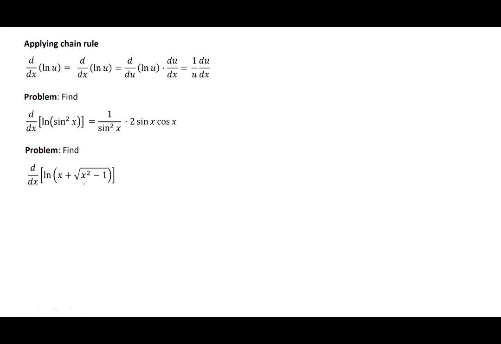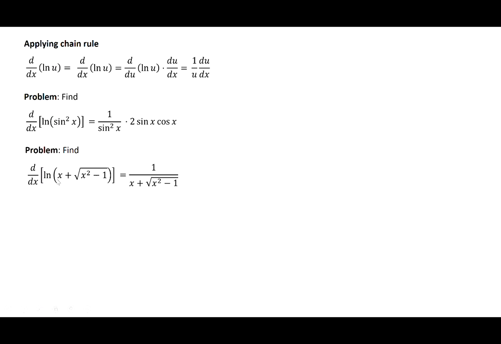Because this is not a simple x, it's a more complicated x plus square root. Think of it as u. So derivative of natural log of u, first step, 1 over u, 1 over x plus square root of x square minus 1, times the derivative of x plus square root of x square minus 1, right? The derivative of u itself.